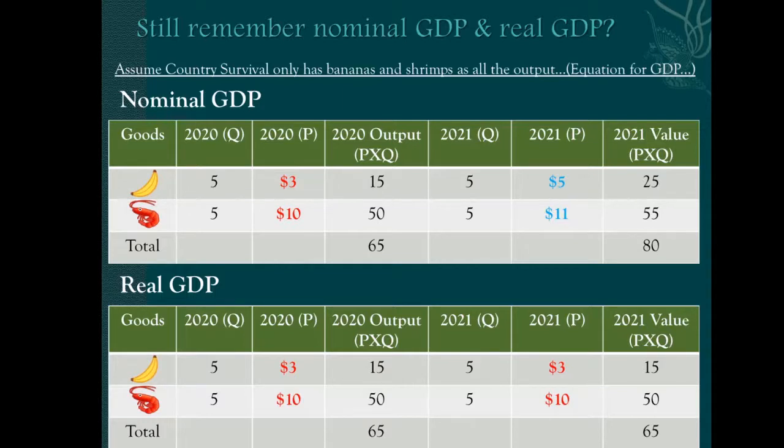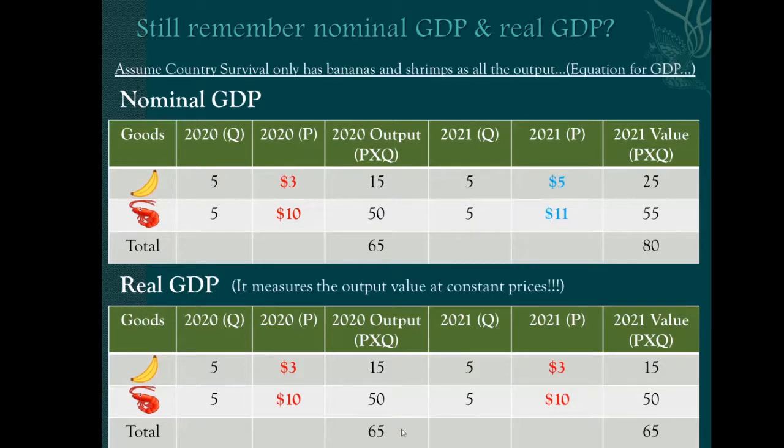If we do that, you see here, whether we use nominal GDP or real GDP, the quantities should be constant, because this is the quantity that we really produce for that year. It's just the price level that differs. But in real GDP, we assume that for every year the price level is constant. If we use a constant price level, then we will find a different figure.